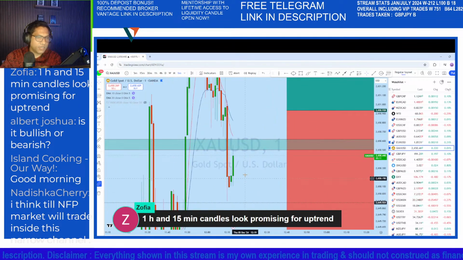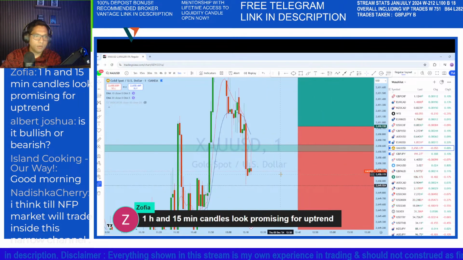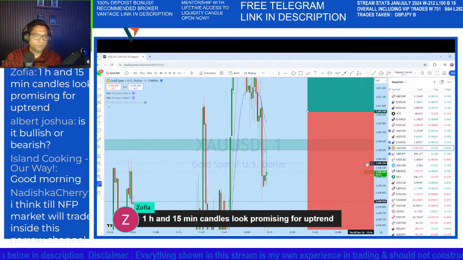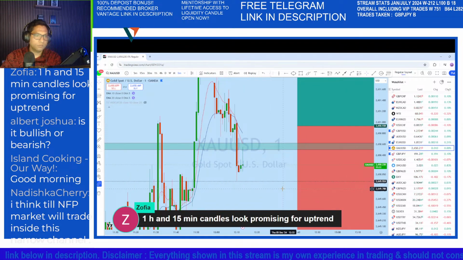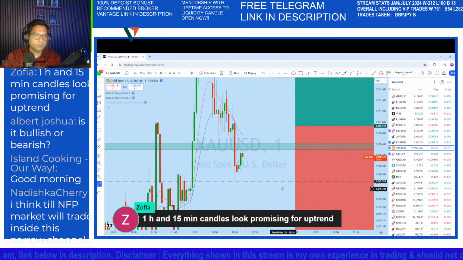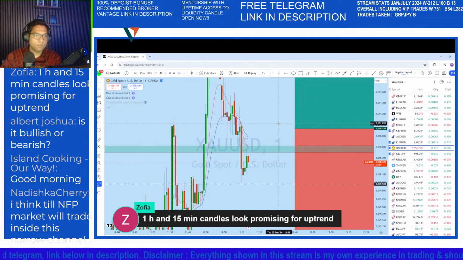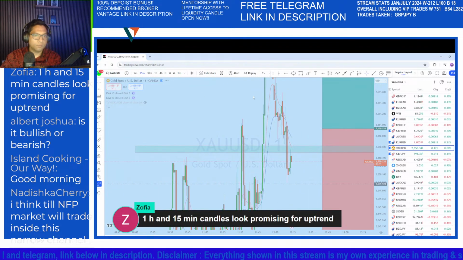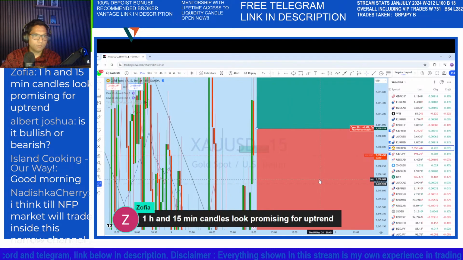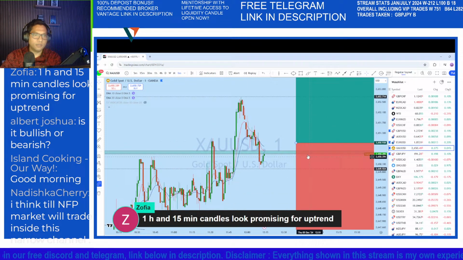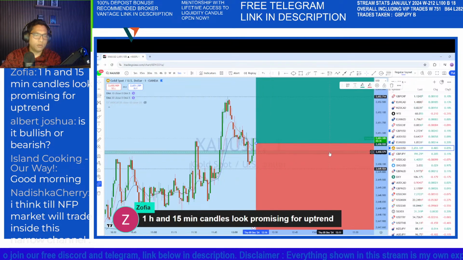So this 1 minute candle is a bullish candle here. Look at the 1 minute from that order block.